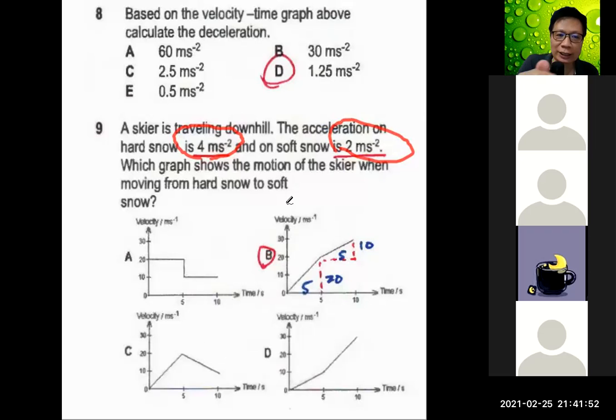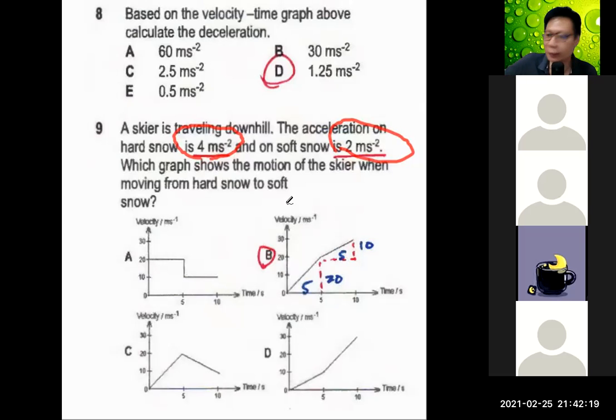What the question means is that at first the acceleration is bigger, 4. Then after that, the acceleration becomes a little bit smaller, only 2. That means it still accelerates. At first the acceleration is 4, then the acceleration dropped to 2. It doesn't mean it slows down, it still accelerates, but the acceleration becomes smaller.